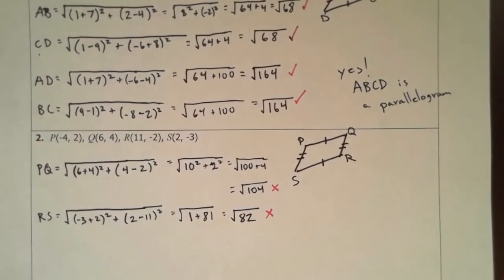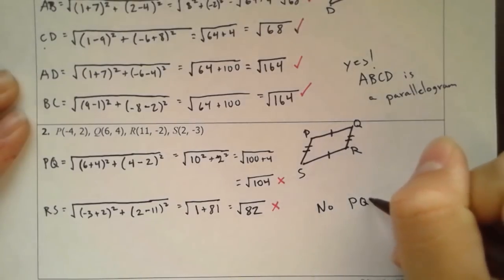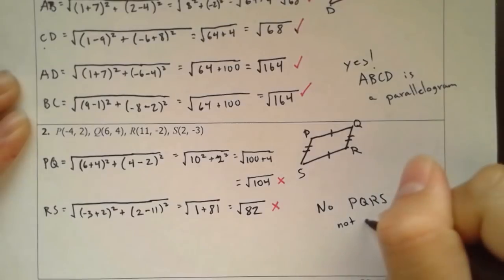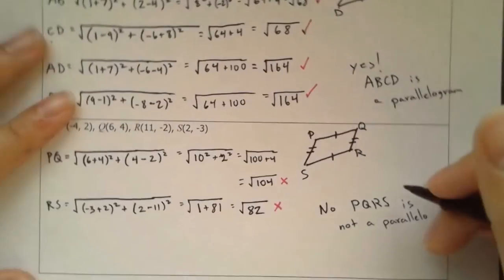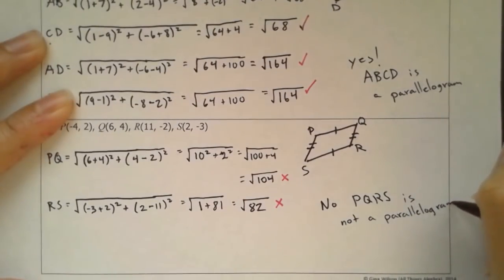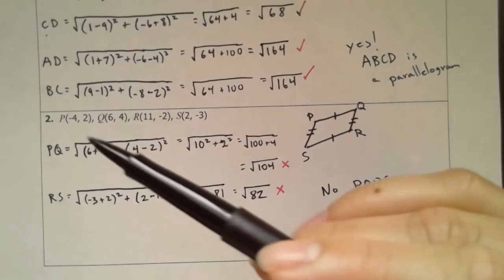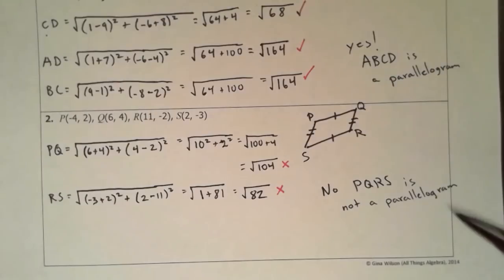So in this case, no, PQRS is not a parallelogram. And you're done. You just proved that these points do not make up a parallelogram.